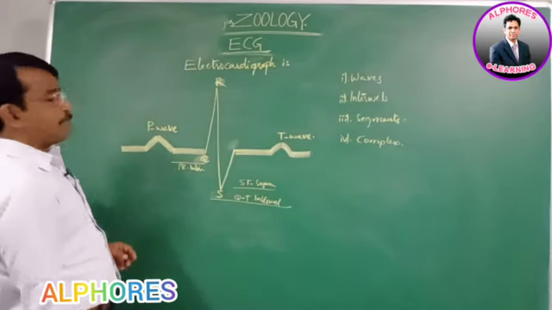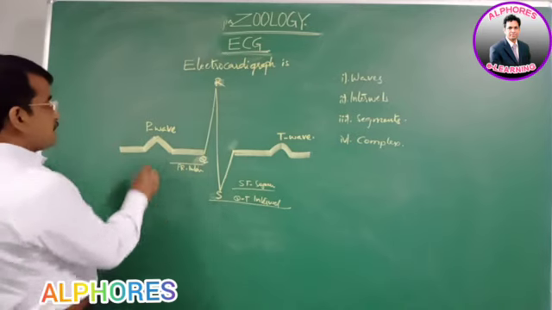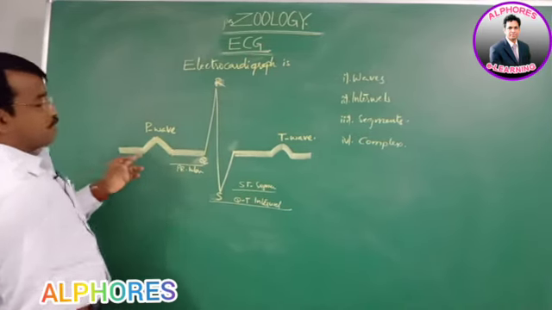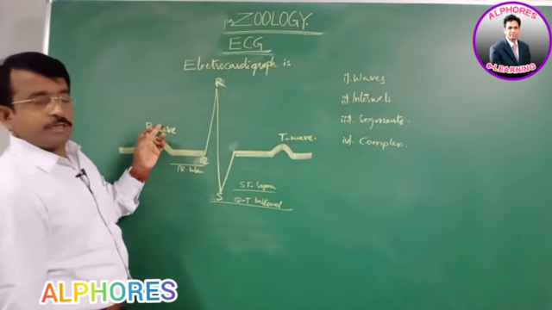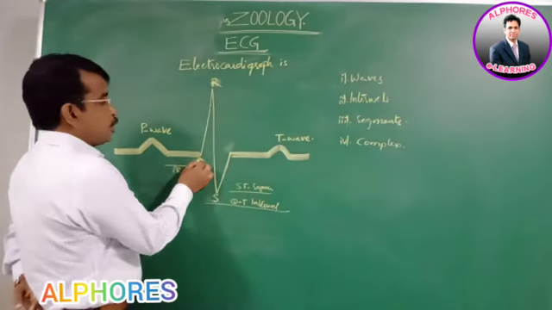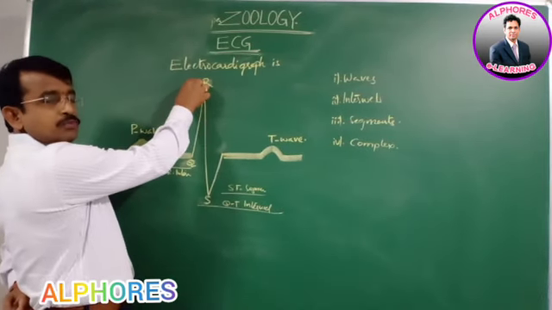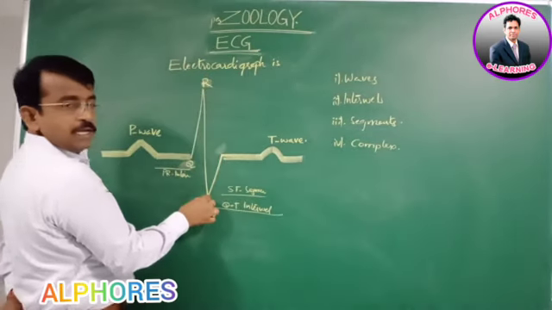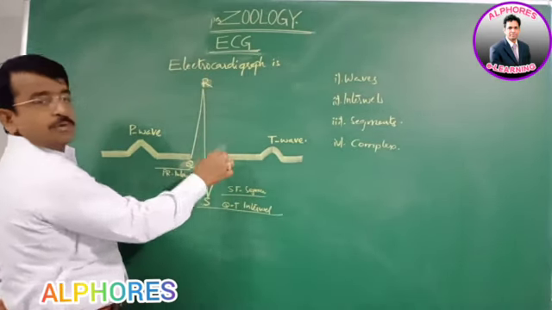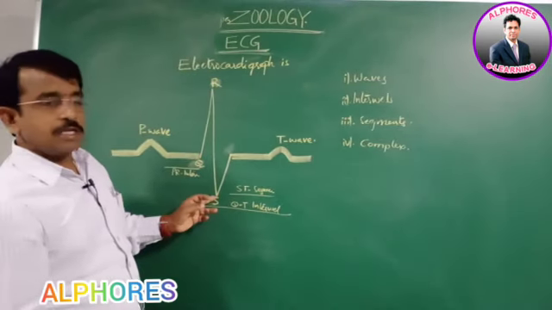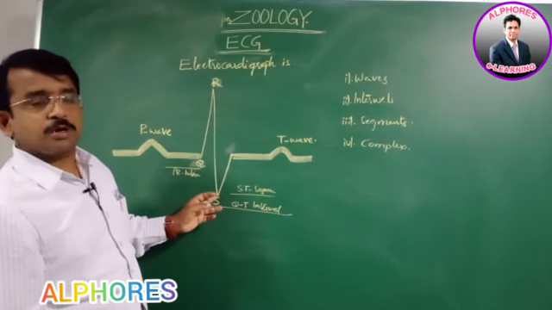So it includes the P wave. The P wave is a positive curve line, whereas the Q wave is a negative line, the R wave is a positive line and the S wave is a negative line. So QRS together is named the QRS complex.